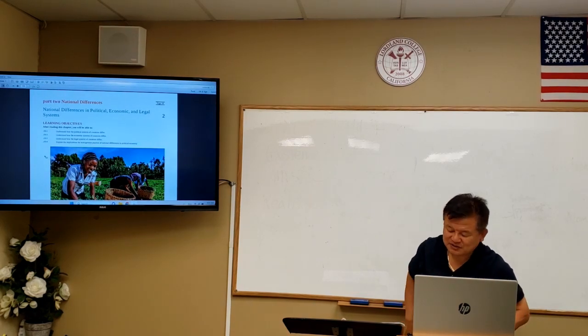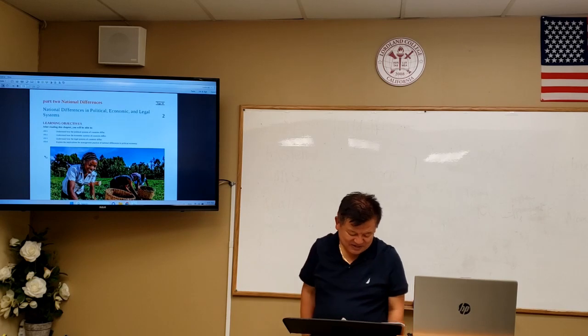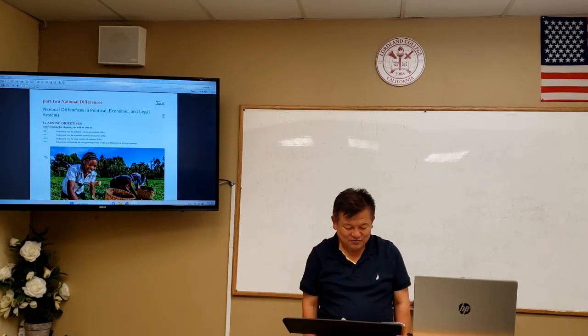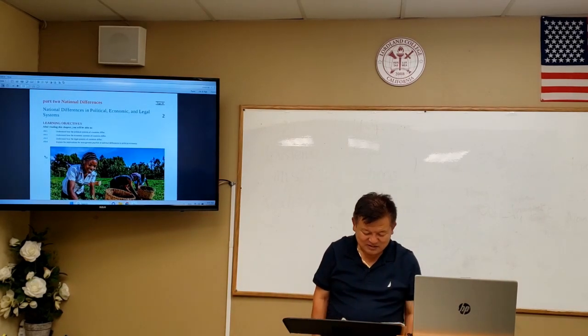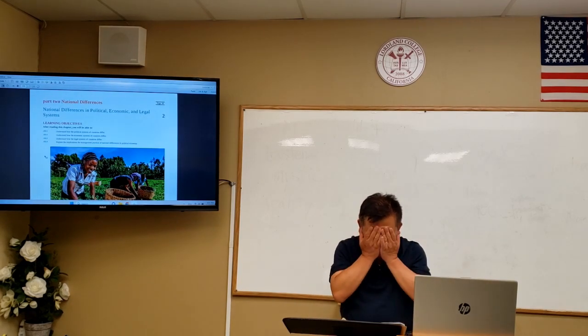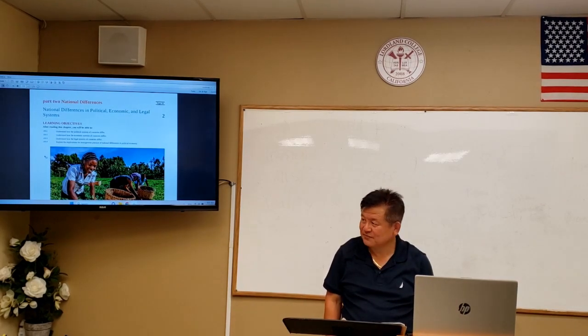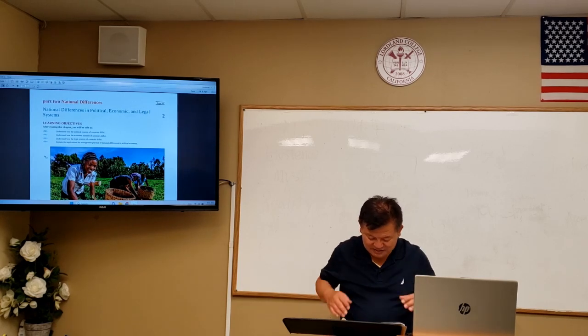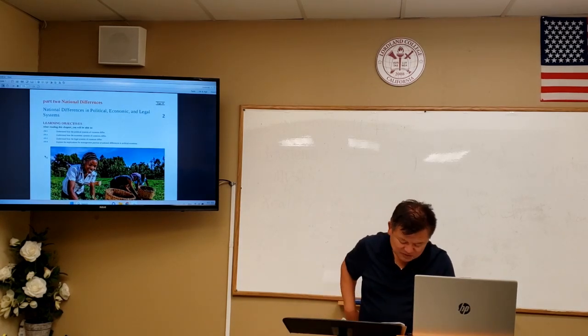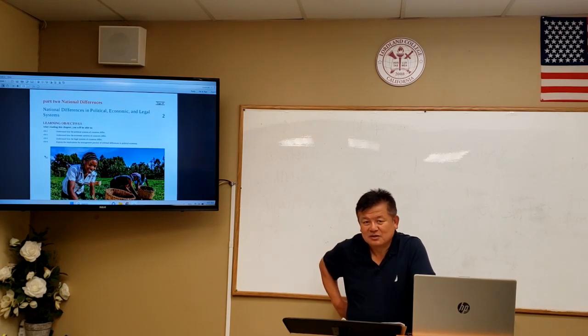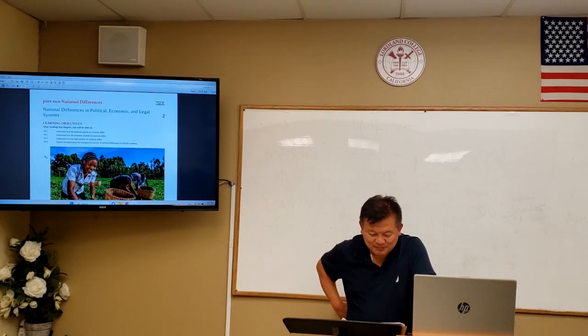What kind of national differences are there in the world? Today we will study the reasons for understanding how the political systems of countries differ, such as socialism, communism, and democracy. Second learning objective: understand how the economic systems of countries differ.